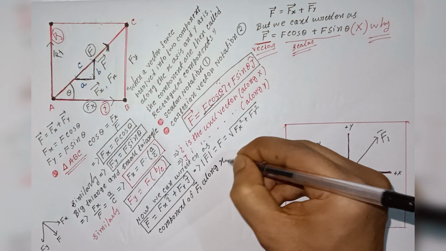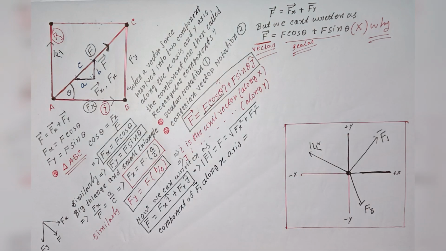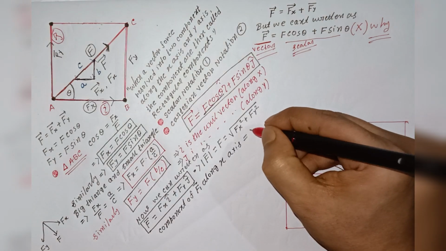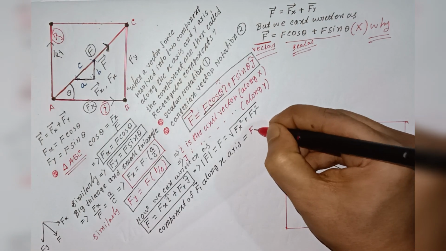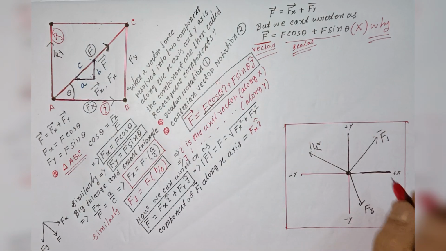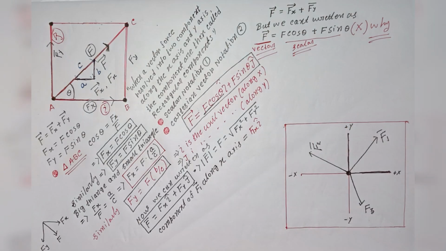Your notation is f1 vector, so f1x i cap is a must, otherwise it will be scalar. fx is scalar but when i cap joins, it becomes a vector, and notation 1 is because it belongs to the f1 vector.